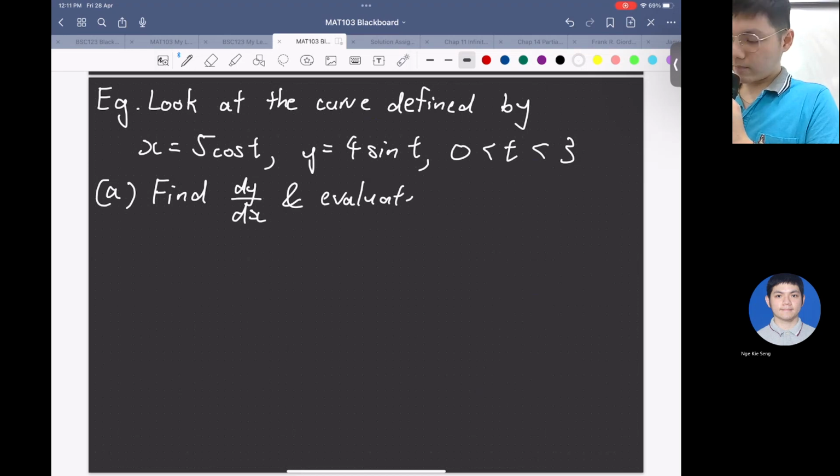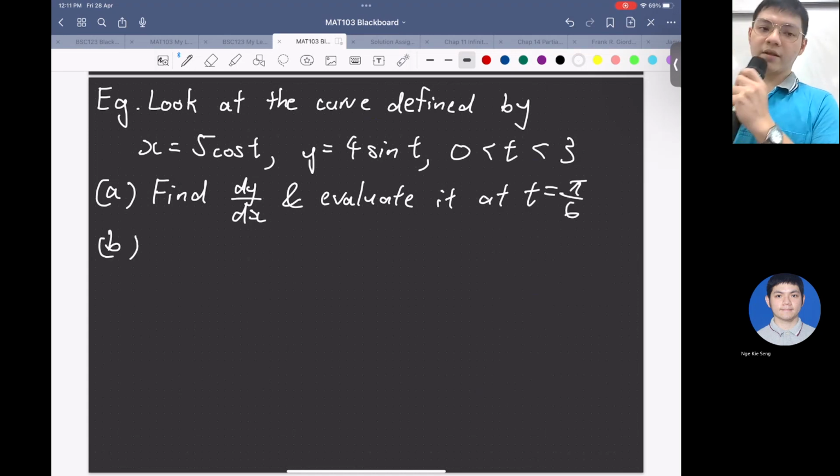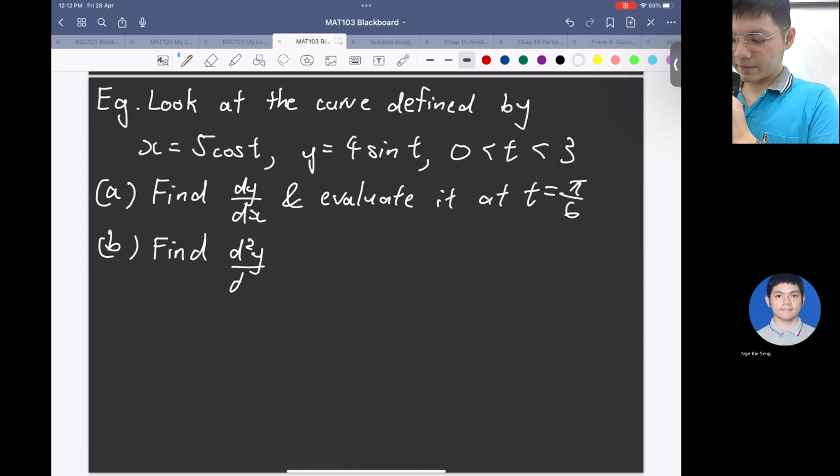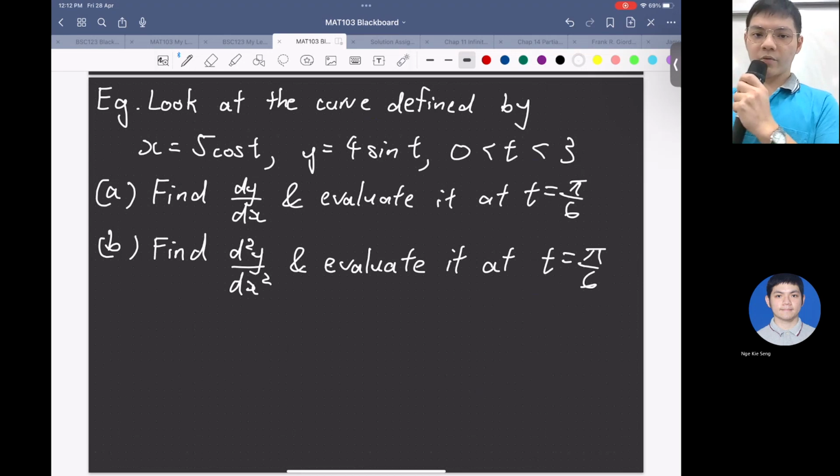Evaluate it at t equals pi over 6. And the other one is: compute the second derivative at the same point. So this one, we will skip this and the next one.